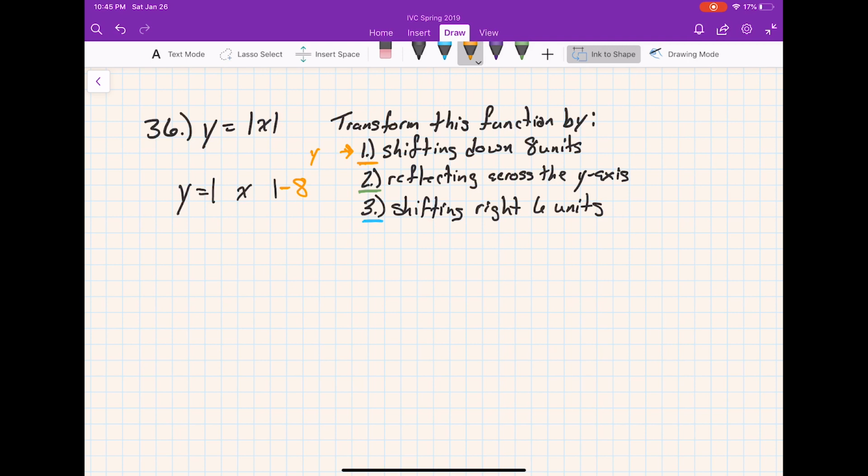So we're going down with a minus, so -8. And we're reflecting across the y-axis, so we need to put a negative in front of the x. Change the x to a negative, and we're shifting right 6 units, so we'll add 6. So that's kind of how I approach this type of problem. +6, and that's the absolute value, -8.